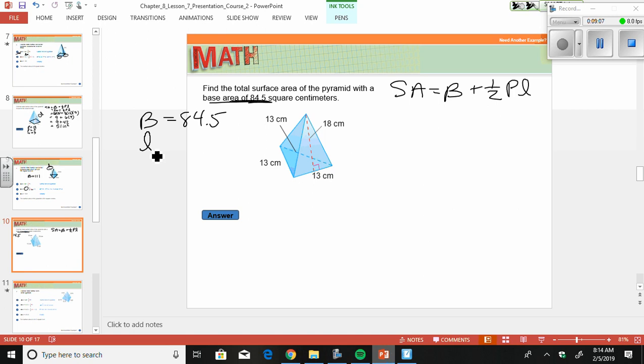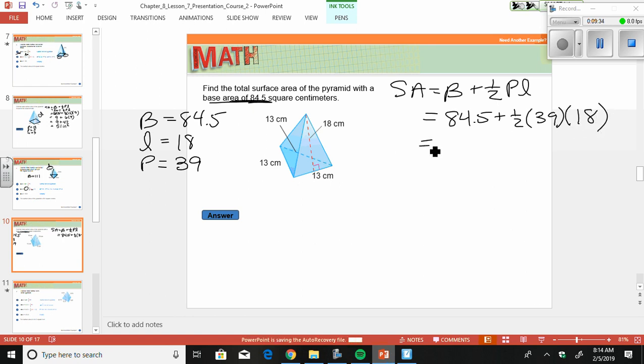Lateral height is 18. Our perimeter, they tell us it's a 13 by 13 by 13 triangle, so 13 times 3 is 39. Got everything to plug in. So I have 84.5 plus 1/2 times the perimeter of 39 times the lateral height of 18.